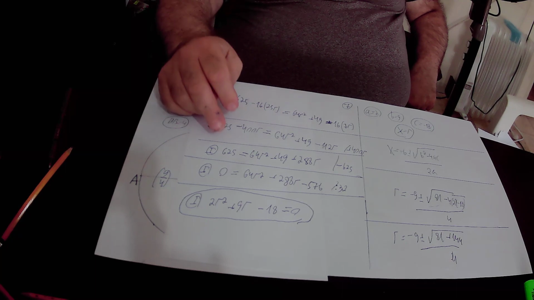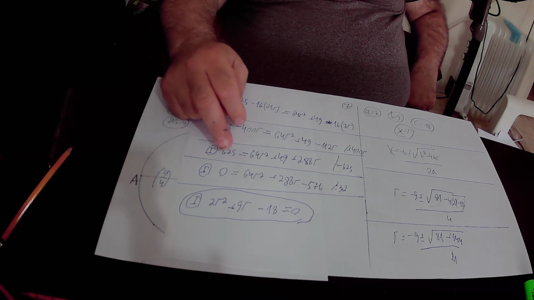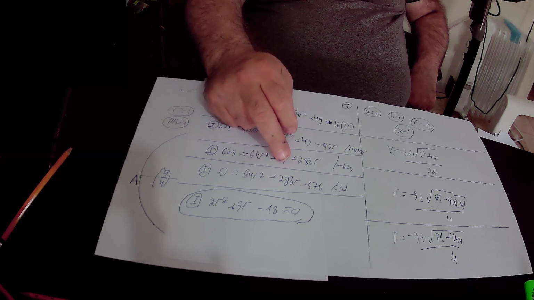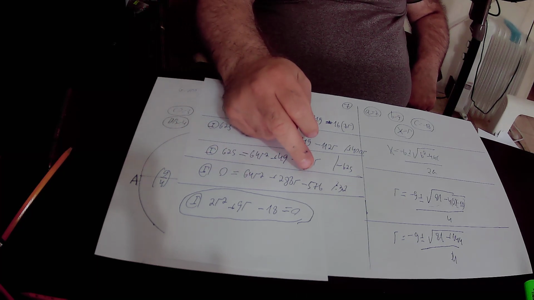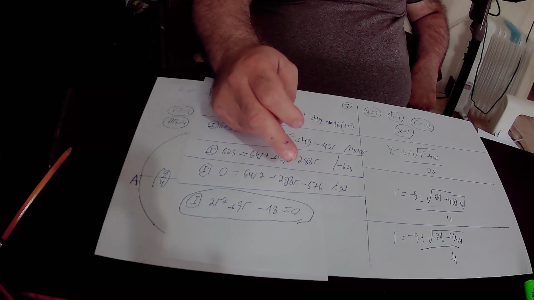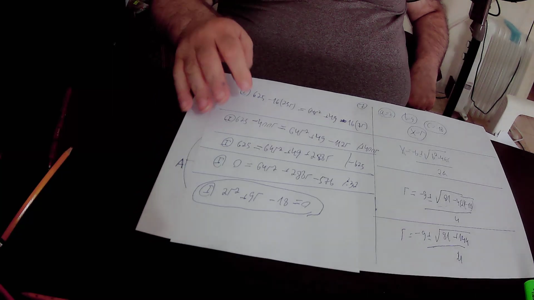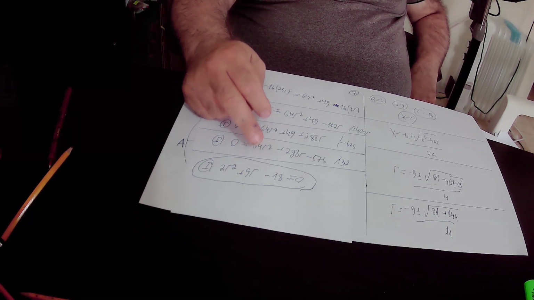Here we divided this equation by 32. 64 over 32 is 2, so this expression equals in total 2r squared. 288r over 32 equals 9r. Minus 576 over 32 equals minus 18. So in conclusion, we got the quadratic equation 2r squared plus 9r minus 18 equals 0.